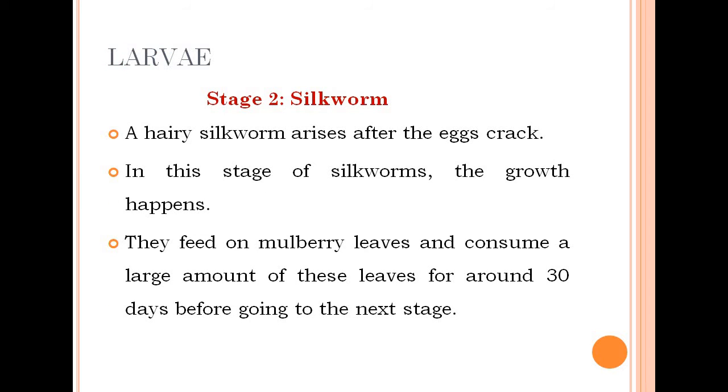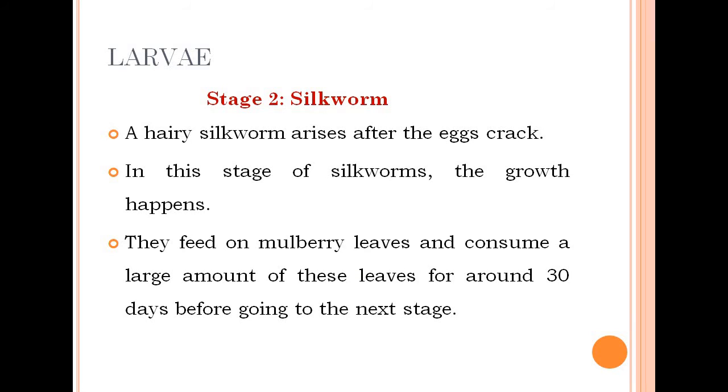Second stage is larvae, the silkworm. A hairy silkworm arises after the eggs crack, meaning when the eggs crack, the hairy silkworm arises from there, and that is known as the larva. In this stage the growth happens, meaning they feed on the mulberry leaves, as we have seen in the previous slide.